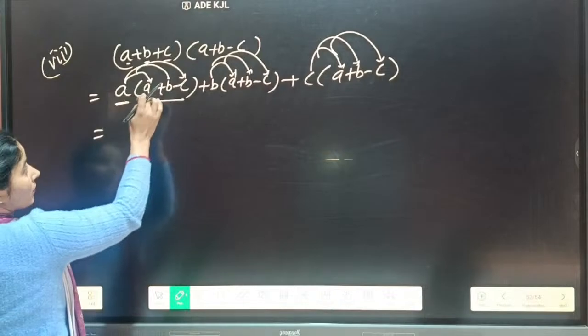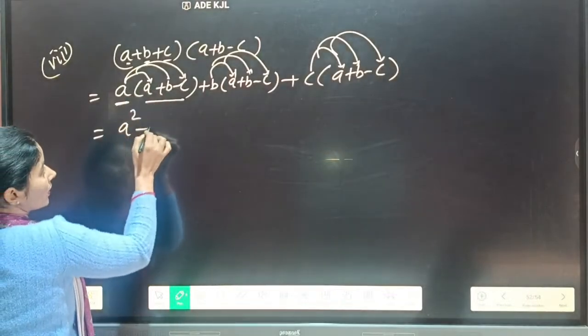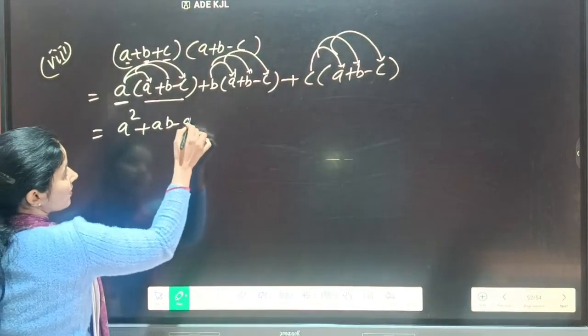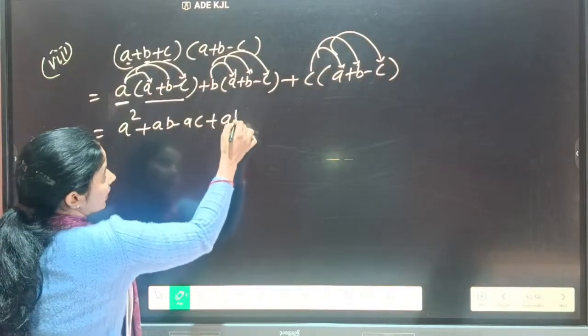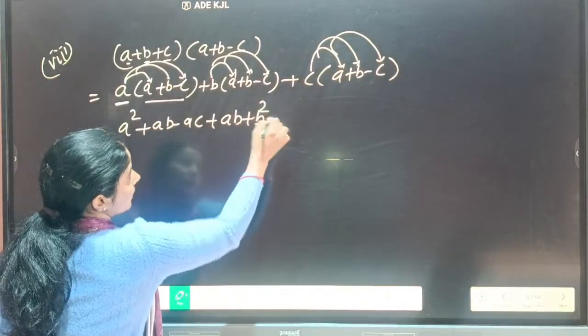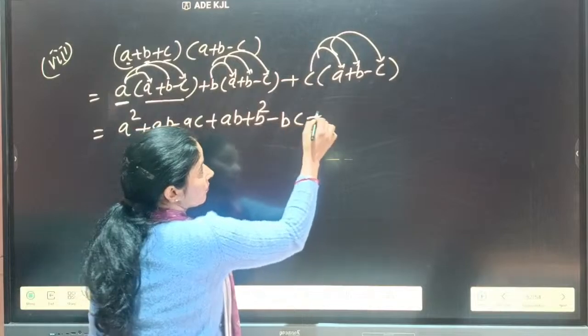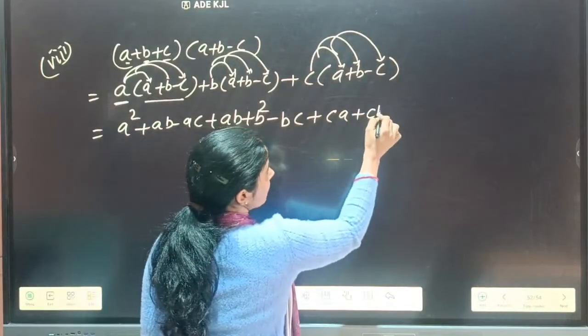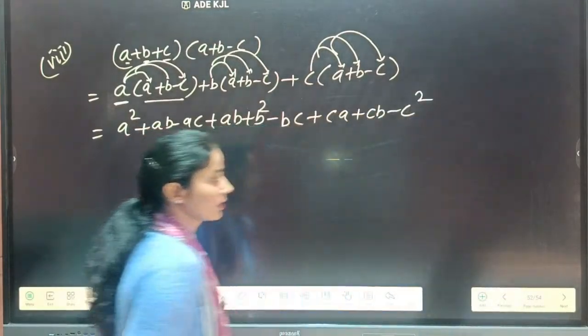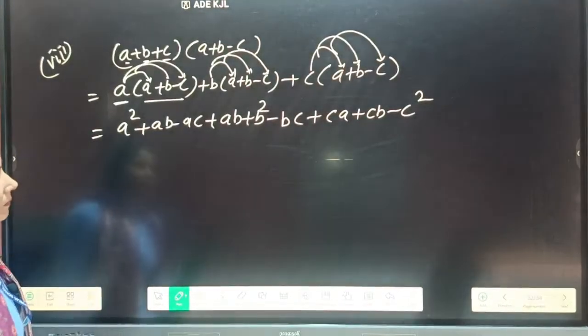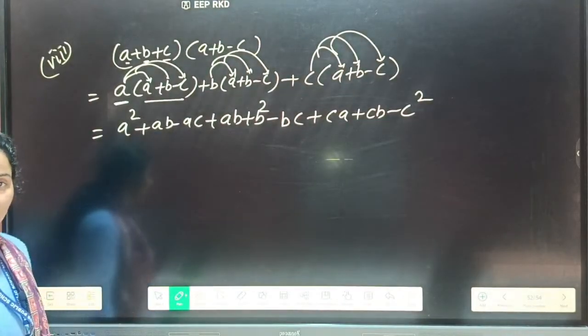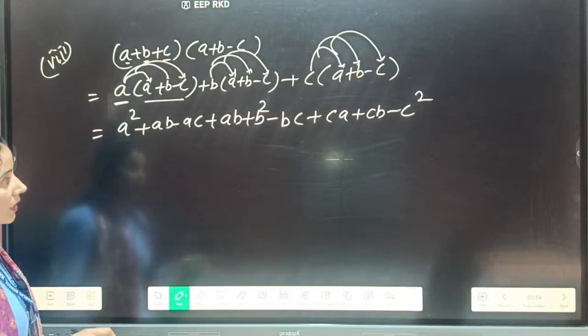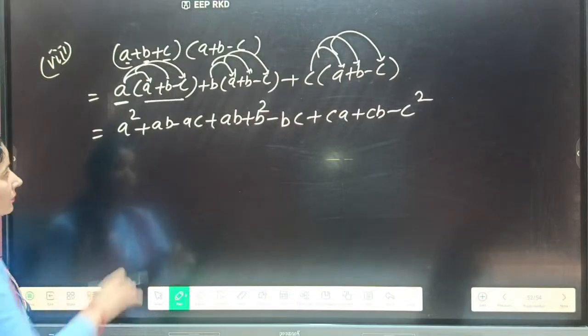Now multiply a with a, it is a square, a with b, ab, minus ac, plus ab plus b square minus bc, plus ca plus cb minus c square. I multiplied. Now the next step is to simplify. How can we simplify? Just we have to write like terms together.